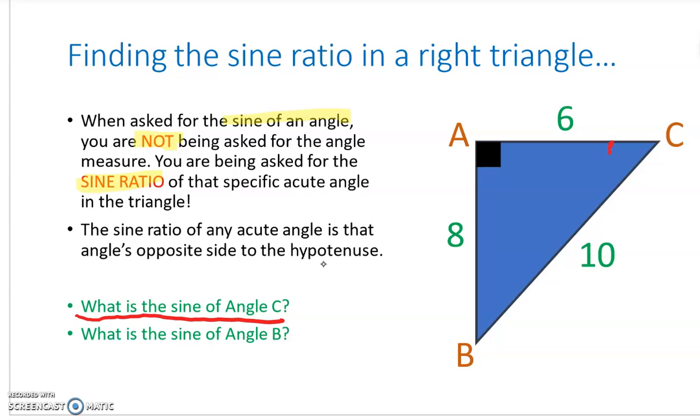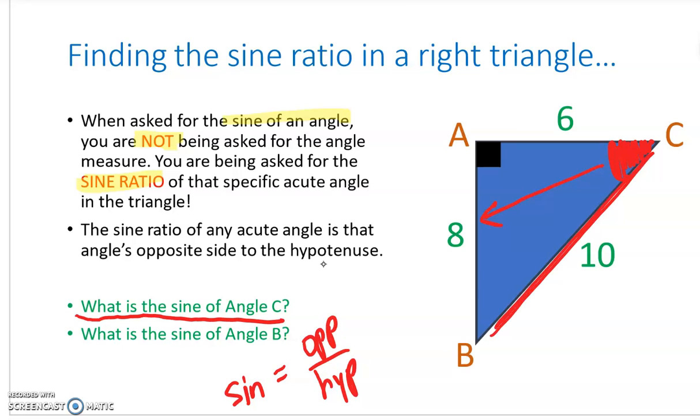Okay, so angle C is this angle up here in this corner, angle C, and we know that the sine ratio, sine is equal to opposite divided by the hypotenuse. So the side that's opposite angle C is 8. It's across the triangle, that's opposite. And the hypotenuse of the triangle is 10.